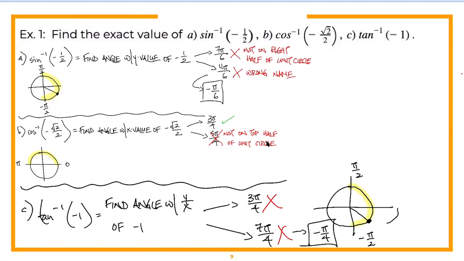Because I count in the other direction. I need a number that's between negative pi over 2 and pi over 2. Oh, okay. Yeah. I know it's such a picky thing, but I think the reason why is we never want to have two possible answers. We want to make sure there's one possible answer so that we can solve different scenarios. Okay?